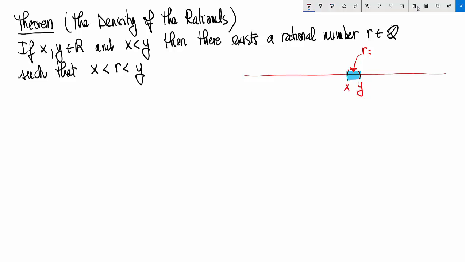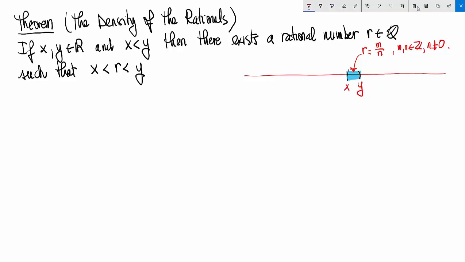That's a number of the type m over n, where m and n are integers, and of course n is not 0. So no matter how close two real numbers are, there is a number which can be written as a ratio of two integers sitting in between these two. So the rationals are everywhere.